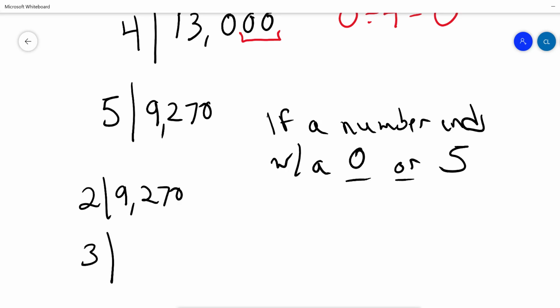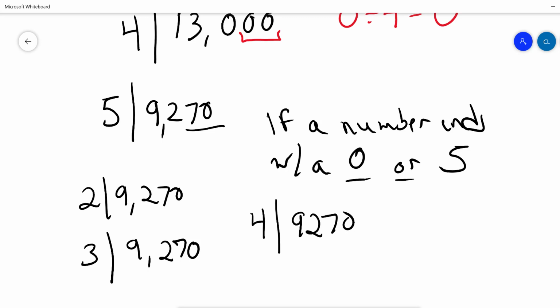Let's see. 9 plus 2 is 11. 11 plus 7 is 18. And 3 times 6 is 18. So 3 divides 9,270. Does 4 divide it? To do this, we will check and see, does 4 go into 70? And it does not. Let me show that to you here. 4 goes into 7 once, which is 4.